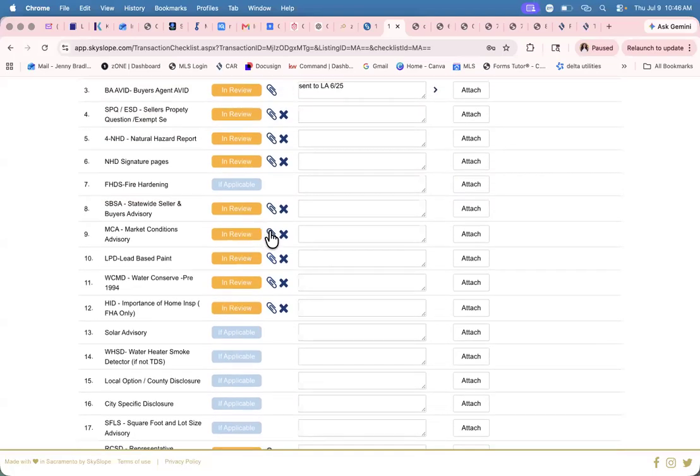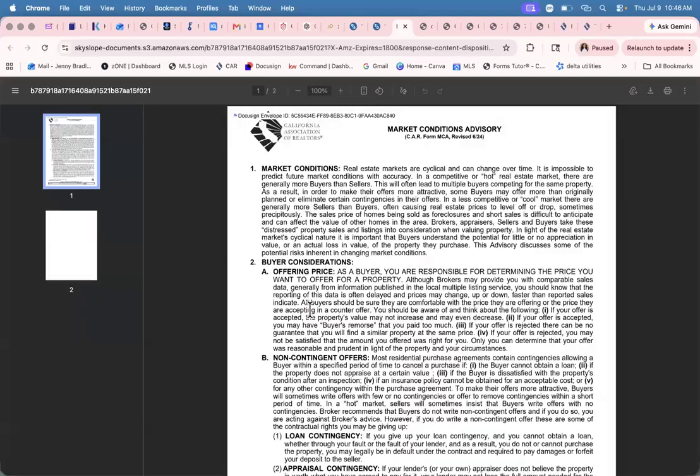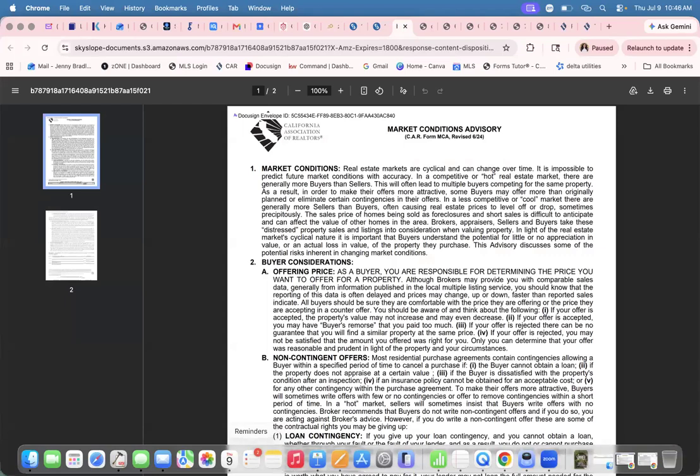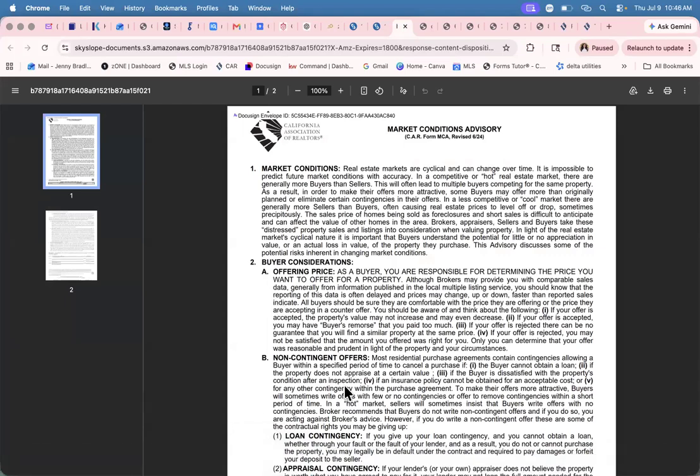I want to go over this market conditions advisory. This is pretty good to have because, as we know, the market changes frequently, right? So this basically states real estate markets are cyclical. I don't even know what that word means. And can change over time.